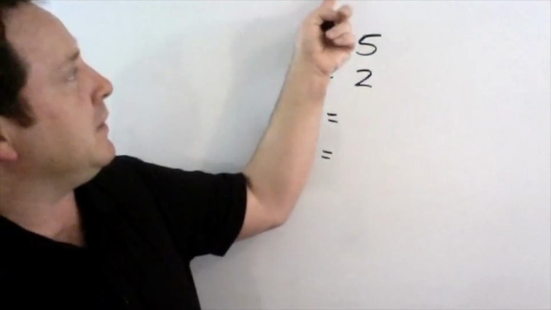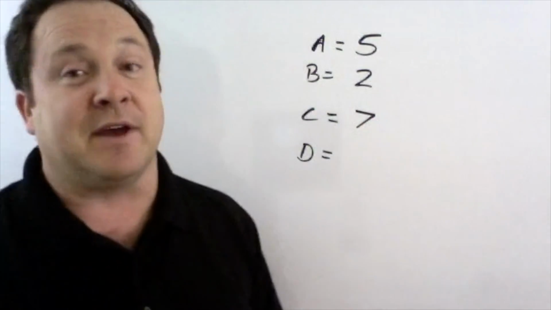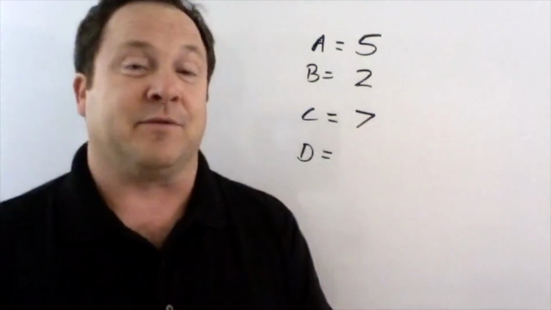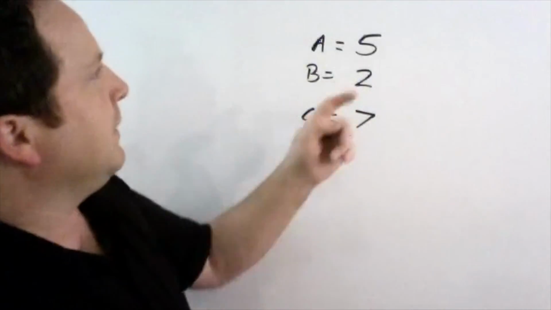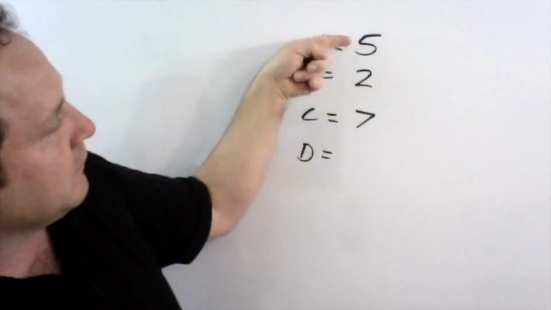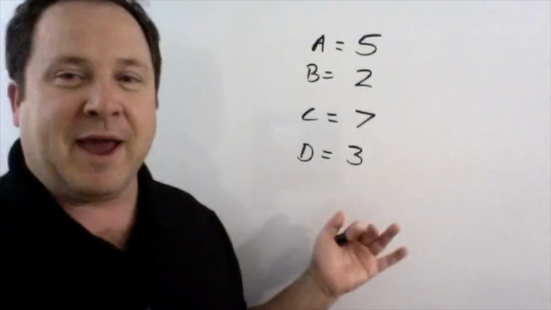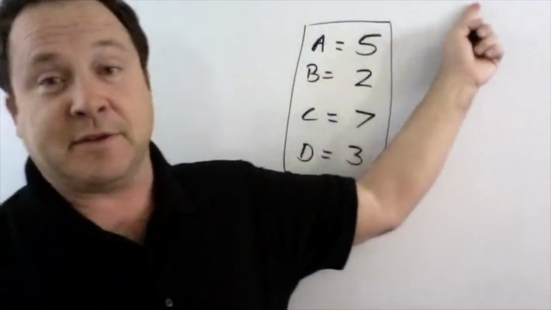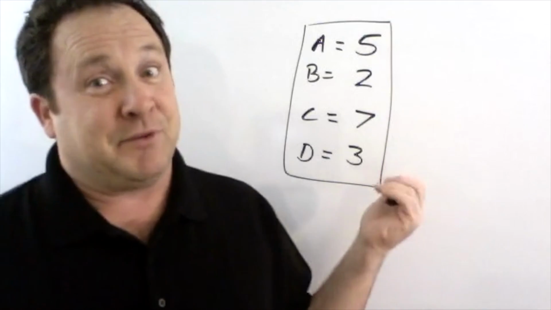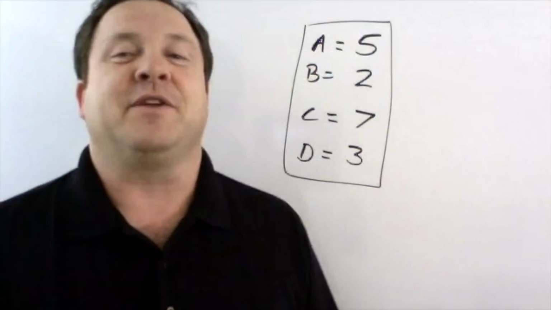Then a plus b equals c, so c has to be 7. You can't just choose a random 7. You have to make something that these two add up to. Then a minus b equals d, so 5 minus 2 equals 3. Now we have a roster of numbers that fit the scenario. a plus b does actually equal c, and a minus b does equal d.